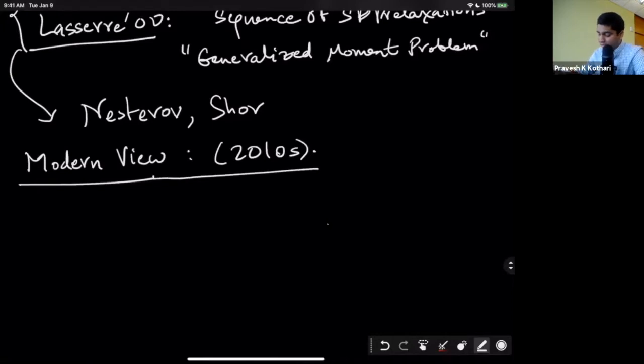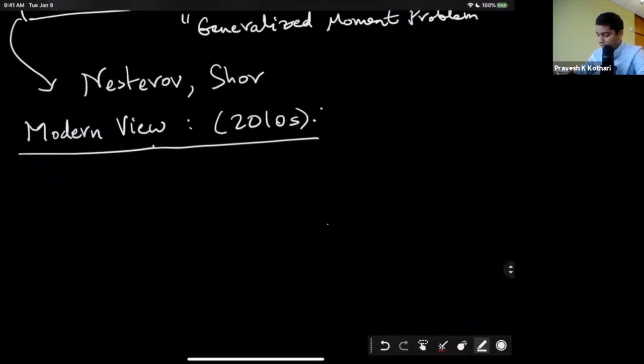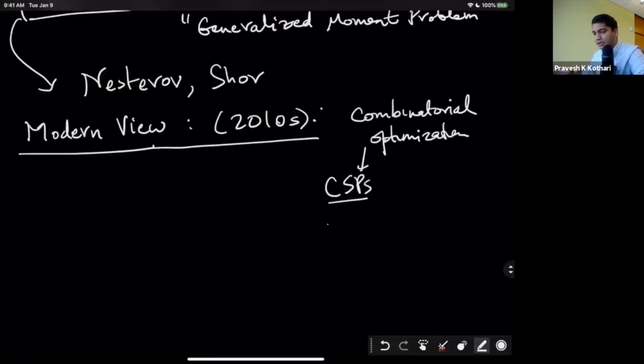In particular, they realized that they can use the sequence of relaxations that Parrilo and Lasserre were playing with. That led to a theory of great interest to TCS. We are going to study this modern view, which is tailored to solving combinatorial optimization problems, and in particular CSPs, like the unique games problem, if you have heard about it.